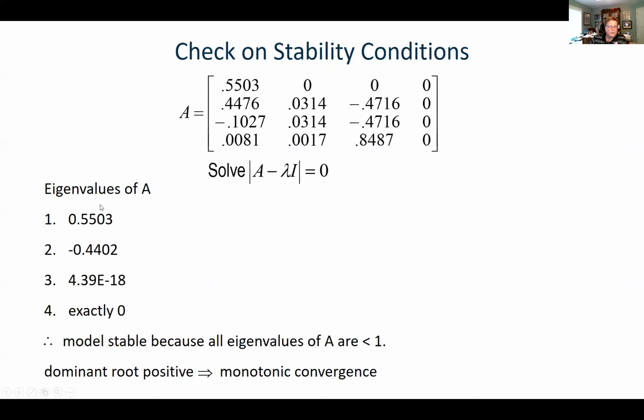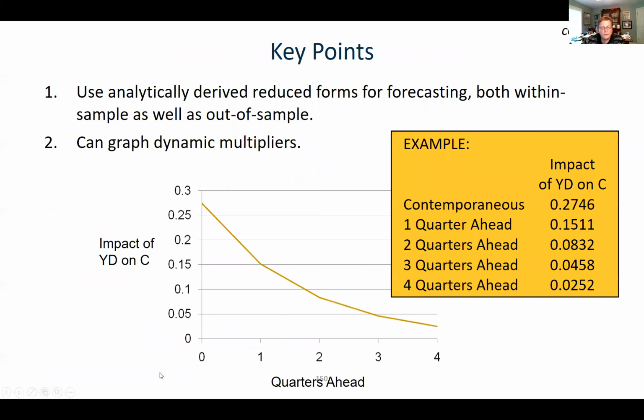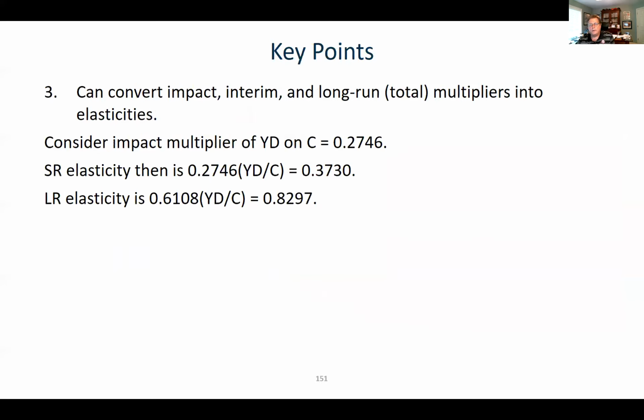And the dominant one in absolute value is this one, which means we've met the stability condition, but not only that, because the dominant root is positive, we can see that the system actually returns to equilibrium, dissipating geometrically. So there's a lot of information here. The other thing to note is we can still get, once we have the various multipliers, we can convert the multipliers into elasticities, which I've actually done here.